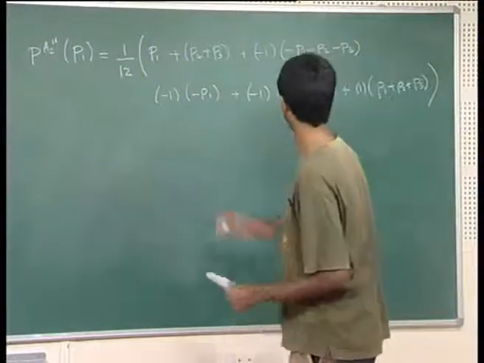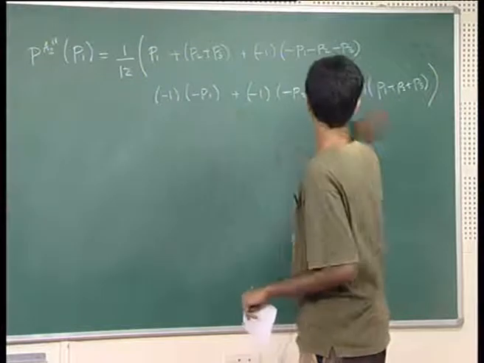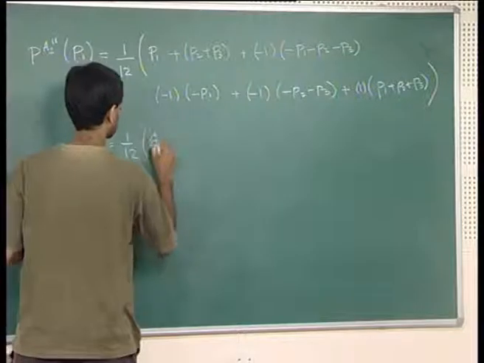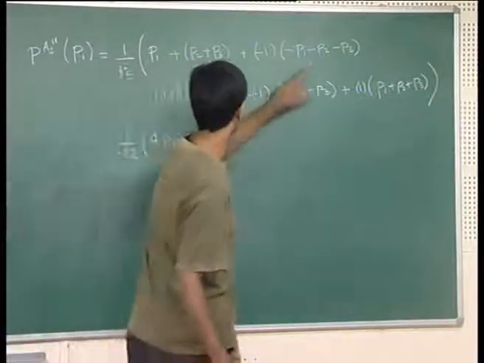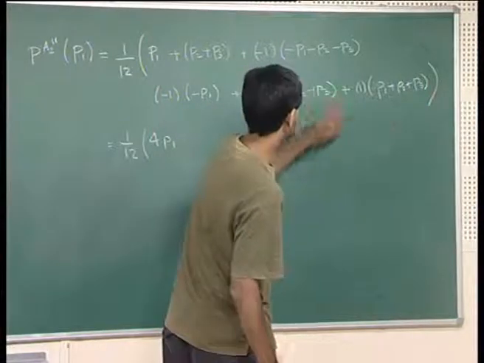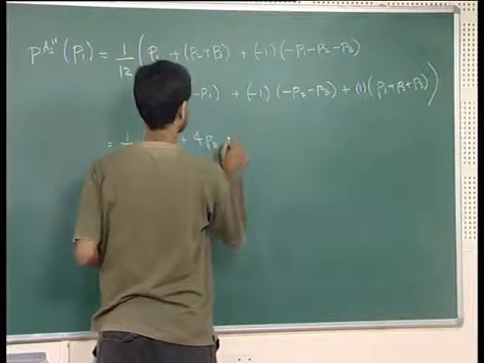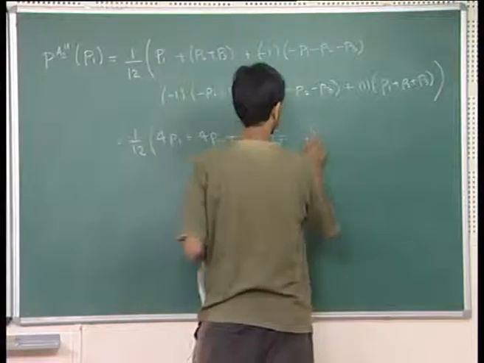And if you add up all these, you will get P1 plus P1 plus P1 plus P1, so you get 4 P1. Then you have P2 plus P2 plus P2 plus P2, so you have 4 P2, and you have 4 P3. Okay. And so, this is 1 by 3.